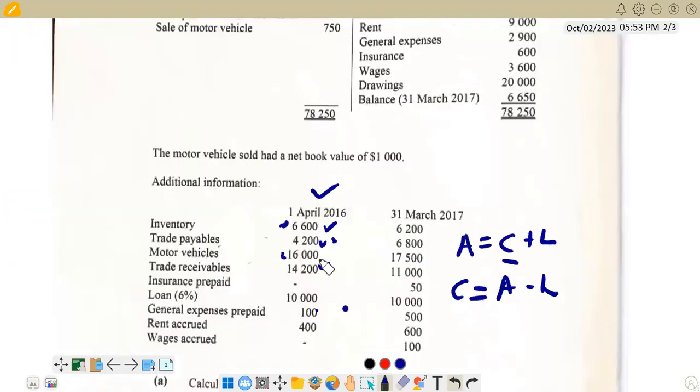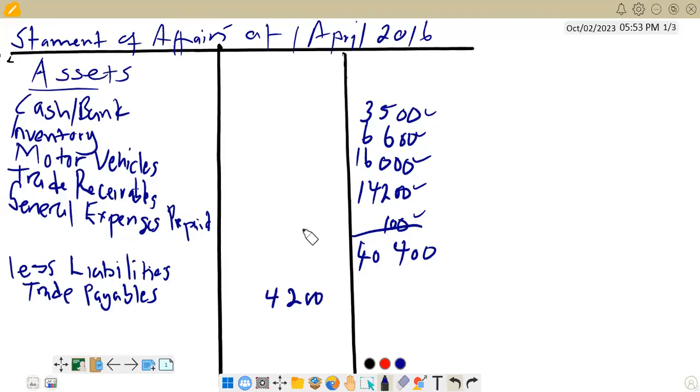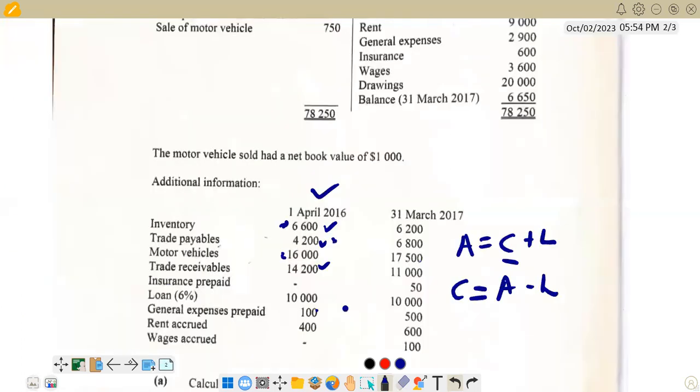Then I'll check for another liability. After trade payables, we go down. With motor vehicles, not trade receivables, not insurance prepaid, then we've got loan, 10,000. The loan is a non-current liability. Our loan is 10,000. Then we check again for another one. We're only looking for liability, whether it's current or non-current.